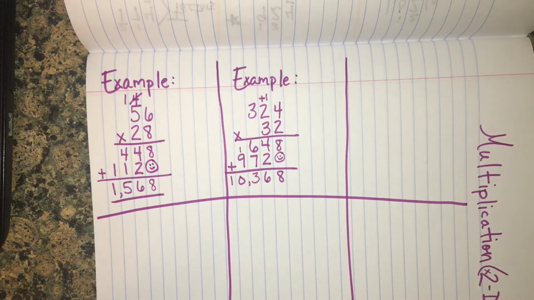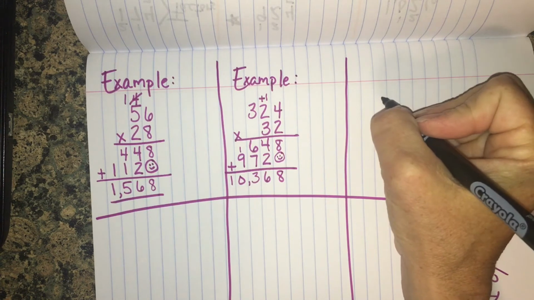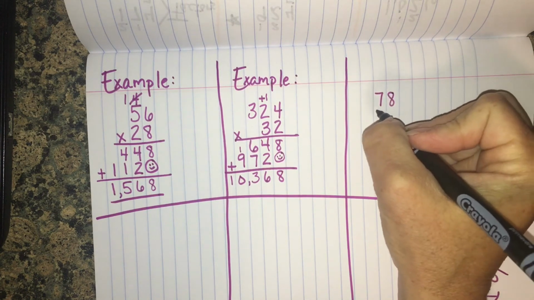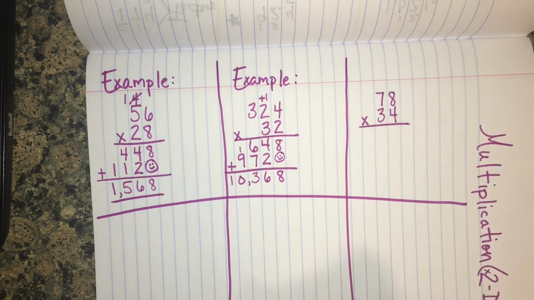I'm going to give you 4 examples, and then after you get the examples written down, I want you to pause the video and then watch it after you've solved it to make sure you have everything correct. I'm going to start with a couple of 2 digits, so let's do 78 times 34.